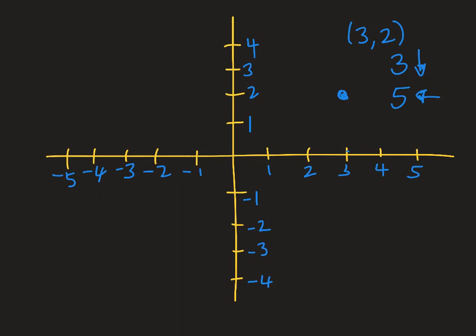So we start on our dot and we go 1, 2, 3 down, and we end up at -1 for the y part. But let's find the x now by moving 5 to the left. 1, 2, 3, 4, 5. So my new point now is there. And remember, we always put the x-axis first, -2, and the y-axis was -1. So my new coordinates are (-2, -1).